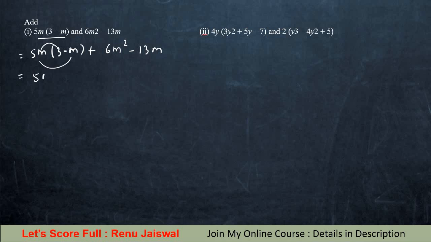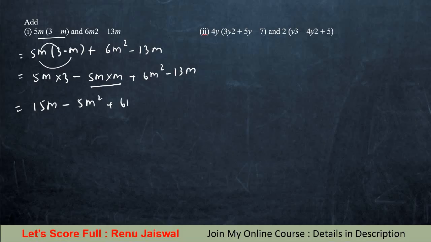So 5m into 3 plus minus minus 5m into m. Now the next term, 6m square minus 13m. Now multiply the coefficients. 5 3s are 15m, minus 5m square here, and then 6m square minus 13m.